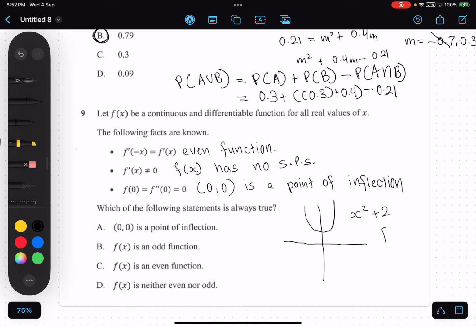So, if you integrate x squared plus 2, you're going to get 1/3 x cubed plus 2x.